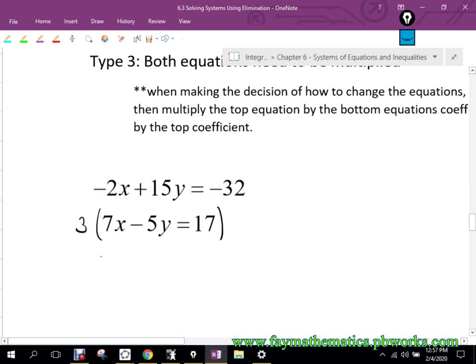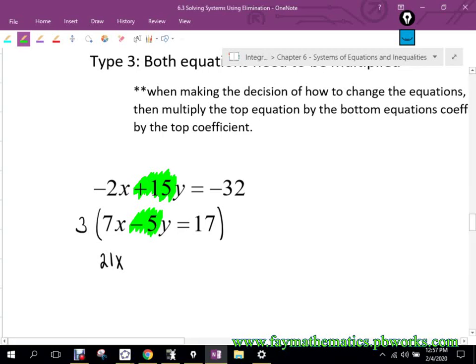Okay, so it's going to turn into... So he's seeing that that's 15, and that's negative 5, right? And they have a relationship to one another, right? 15 is a multiple of 5. So if I multiply 5 by 3, that turns into 15, right? So that's why he chose 3.